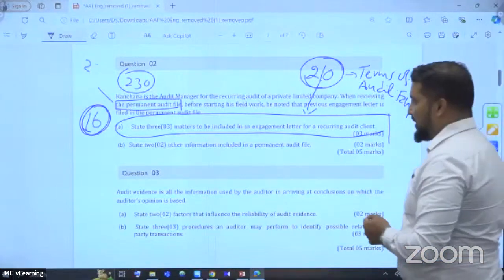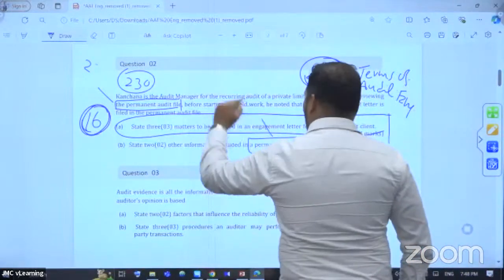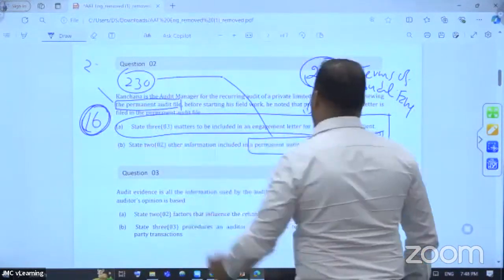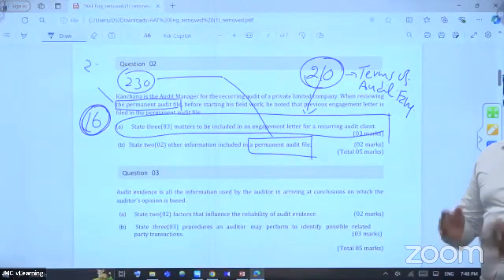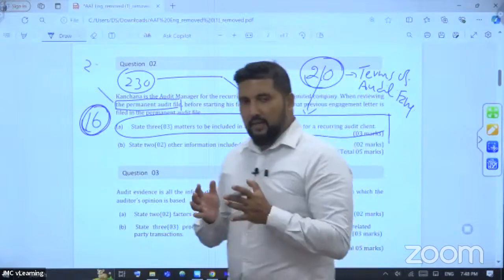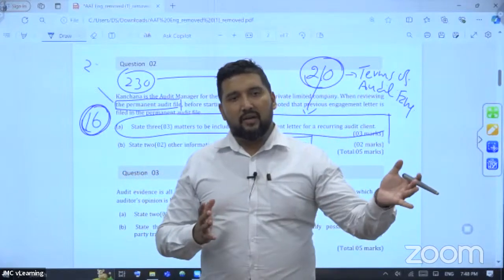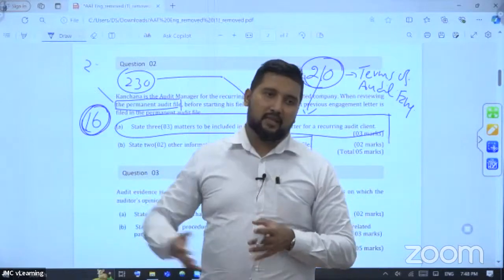Then state 2 other pieces of information included in the permanent file. This has been tested from the standard called SLSA 230, audit documentation. When we discussed the audit documentation standard, we said the audit file is segregated into 2. Number 1 is the current year audit file. Number 2 is the permanent audit file.